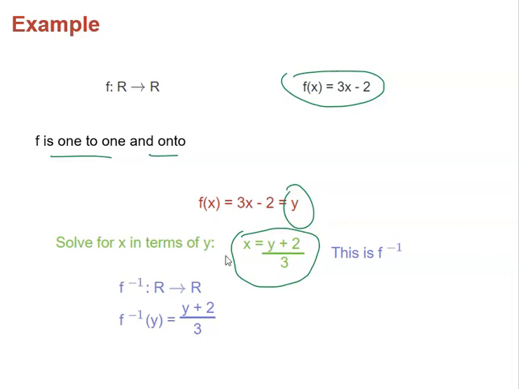And so this is going to be the inverse of the function. Again, you set the function 3x minus 2 equal to y, and then solve for x. Whatever you get is going to be the inverse of the function.